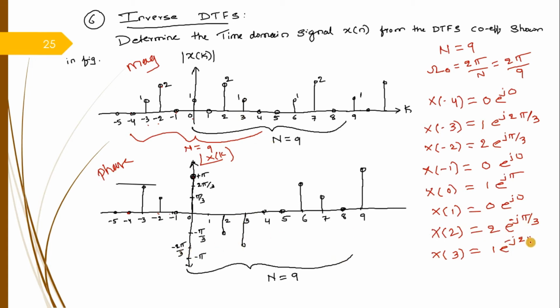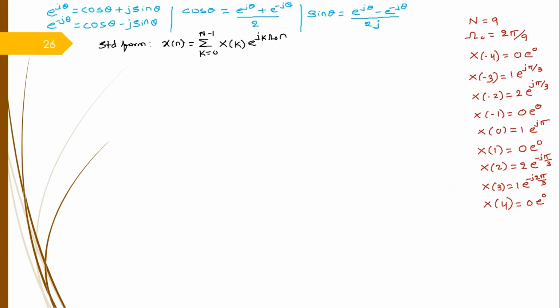So directly sometimes it will not be given. Indirectly it will be given in this way, in diagrammatical form. You need to fetch the information that is required to you. X of 4 is here also 0, here also 0. So these are the information we could extract from the given information.